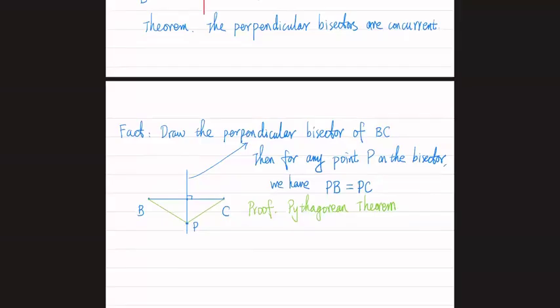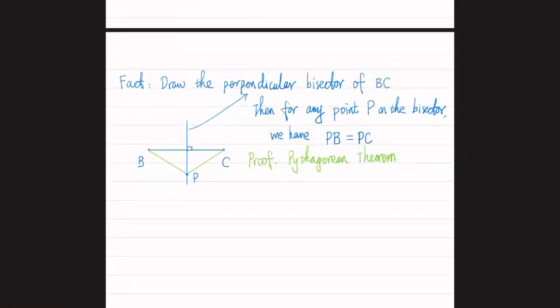Now the second direction. Draw a perpendicular line of BC.